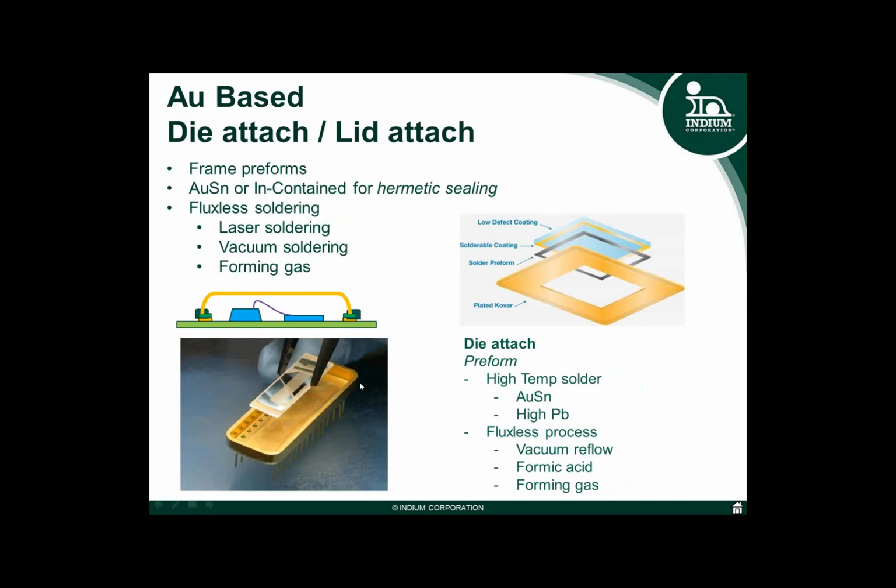Similar schematic here, where you have a device lid going over the top of a circuit board, or in cases of actually putting a die onto a plated area in a package or on a buzz bar, depending on what you're manufacturing. And also the preform could be used in sealing on a lens cover to one of these optical processor devices that we've seen in the market as well.